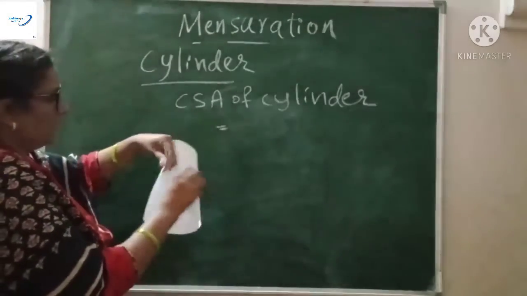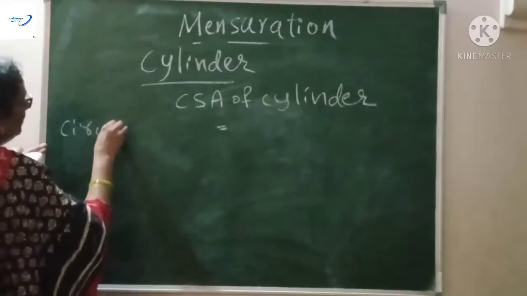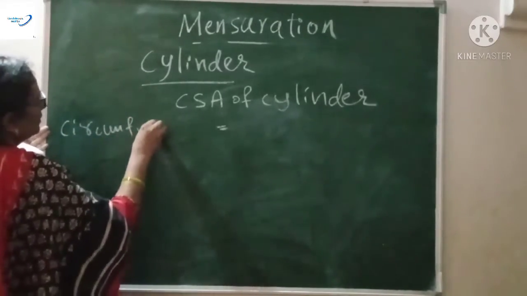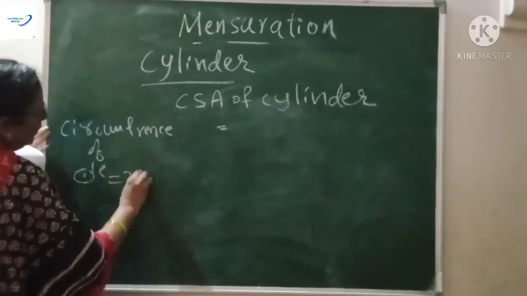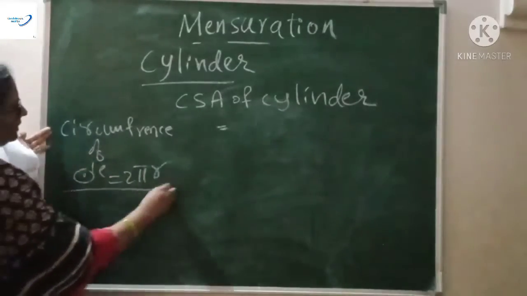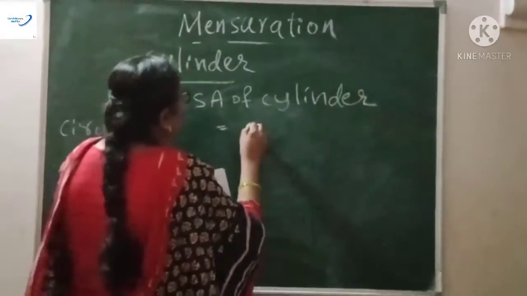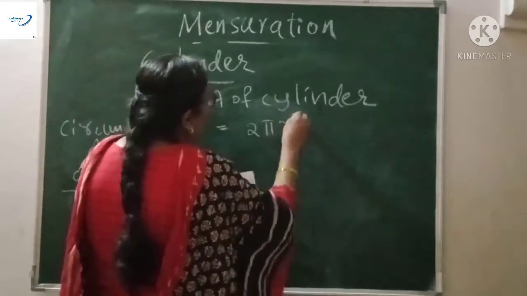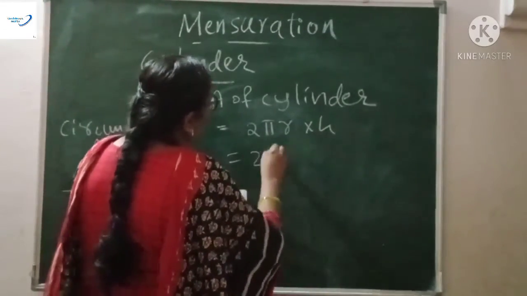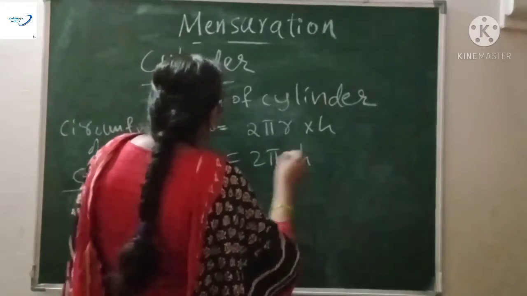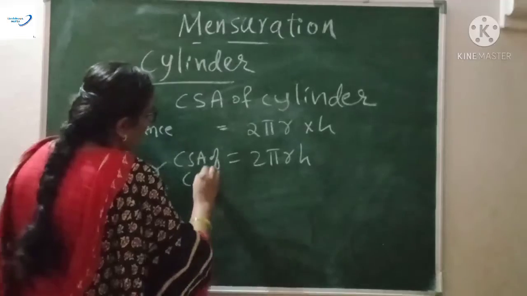The circumference of a circle is, as you know very well, 2 pi r. Very simple. So what are you getting here? This is the circumference, 2 pi r, and this is the height. So the curved surface area of the cylinder is equal to 2 pi r h.